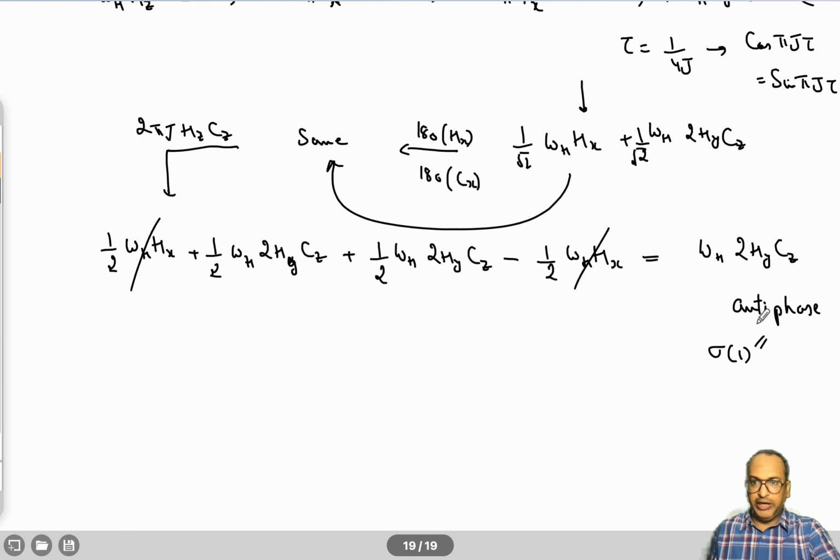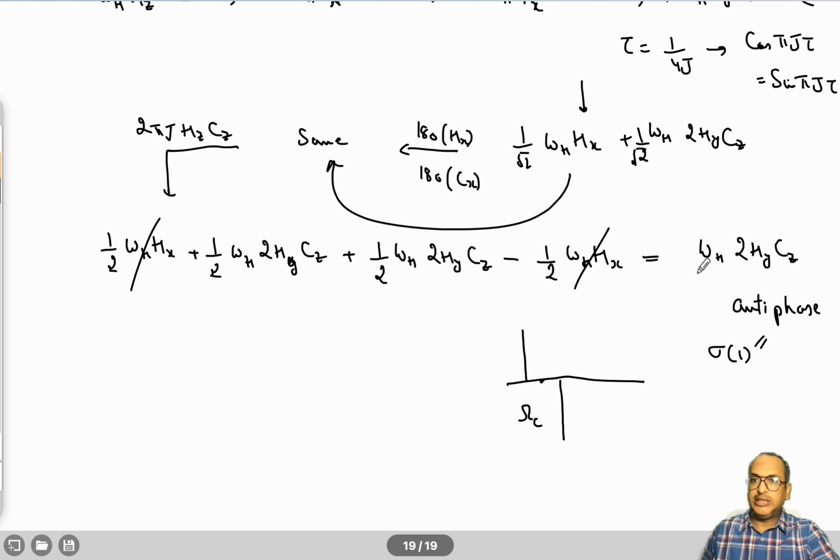If I evolve this antiphase term further and take a trace, it will give me an antiphase doublet, centered at omega C. The center will be at the same frequency because it is modulated by the same chemical shift of carbon, because we are detecting carbon.